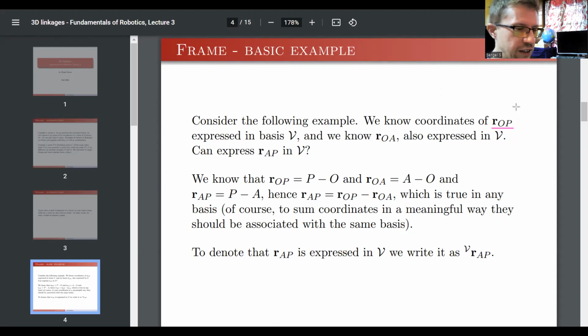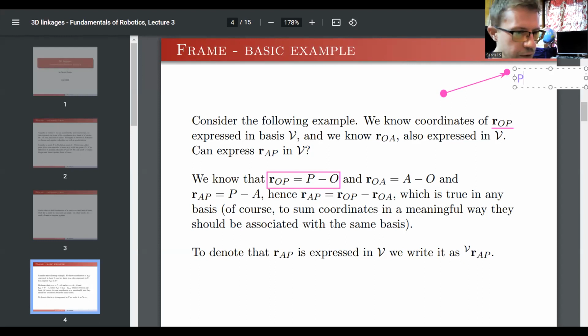So what do I imply here? Well, what I imply here, I express downstairs quite explicitly. What I imply is that R is a vector that points from point O to point P. Let me demarcate it, I guess.